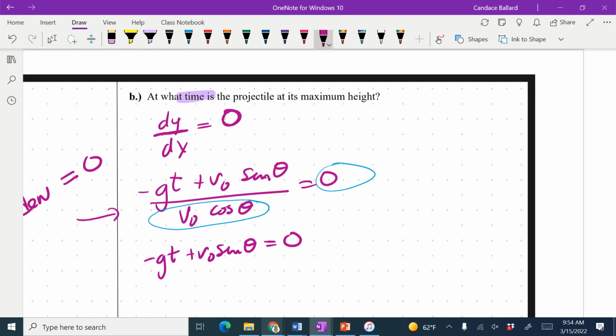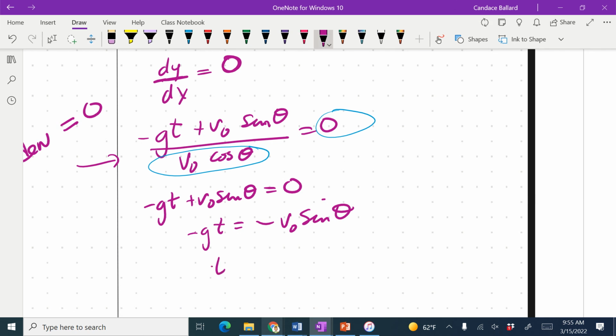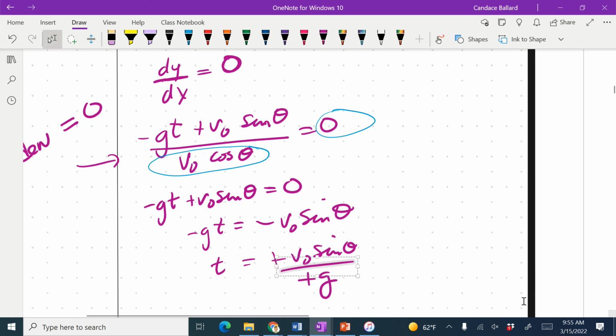So I'm going to move this V sub 0 sine theta over. How do I do that? Subtract. And then what am I going to do? Yeah, we're going to divide by that negative g, double negative. What's going to happen? Positive. That's it. Okay.